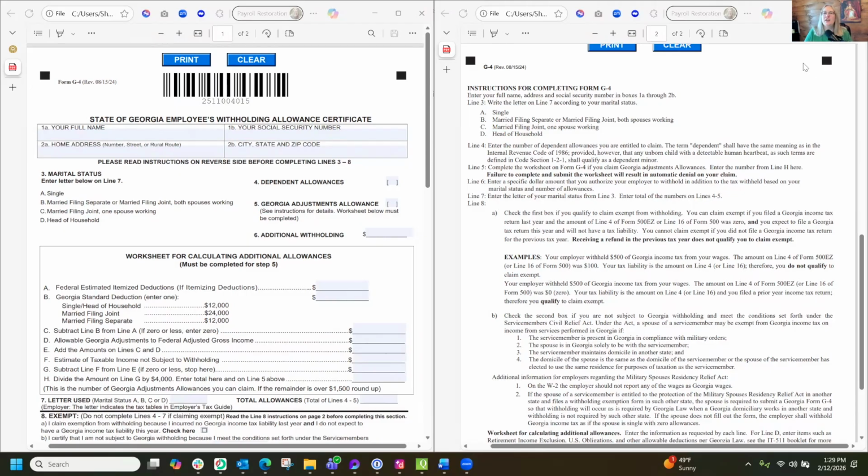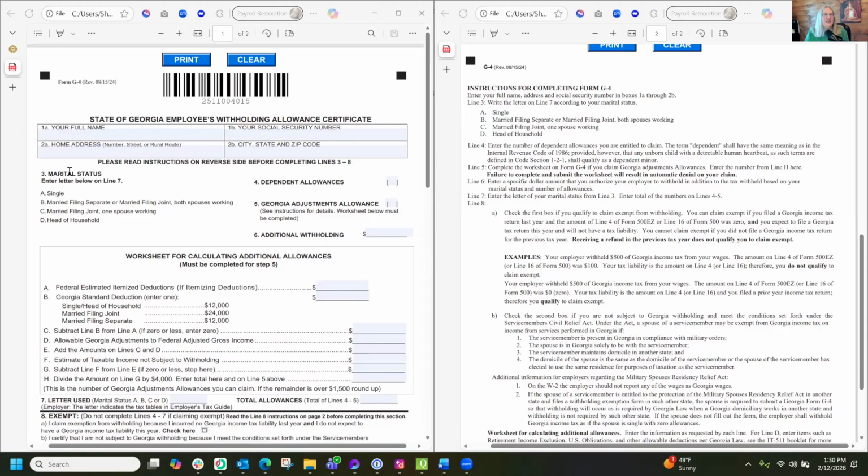Let me know if you like this format better than discussing the withholding certificate and then detailing out the instructions. We're going to test it out, and as we go through the withholding certificate, we're also going to be showing the instructions.